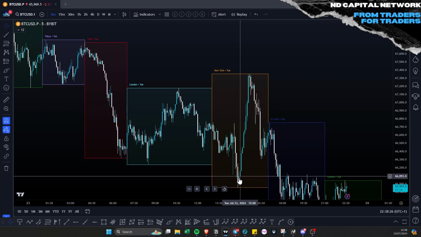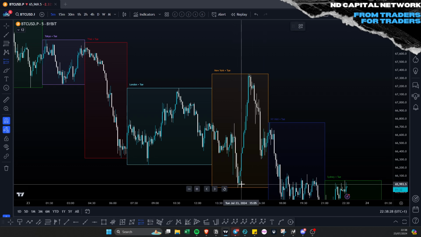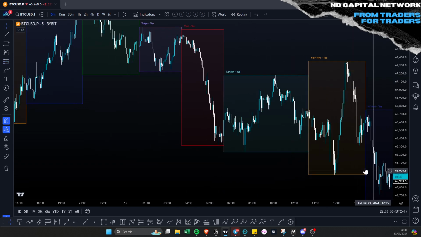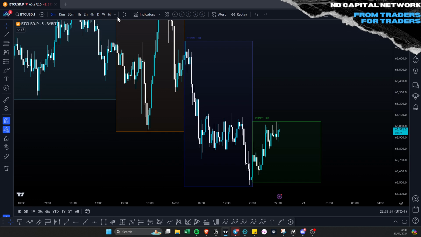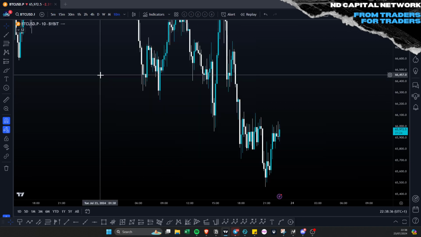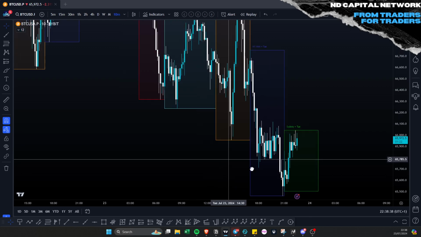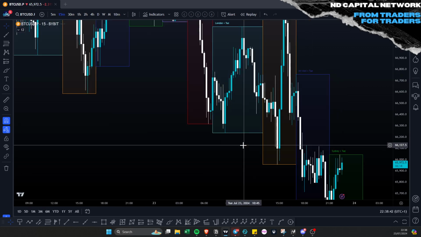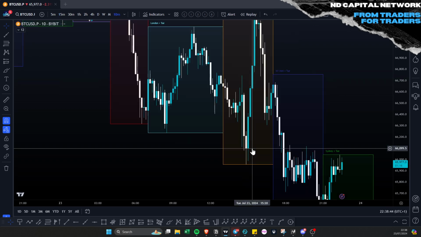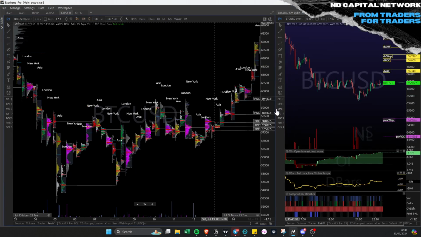What happens after you take that low? You create a not-actual swing failure pattern, to be honest, not the cleanest one. Maybe it's clean on the 10-minute chart, a bit cleaner on the 15 minutes. No, not really. It's not the cleanest play, but that's why we use the order flow.